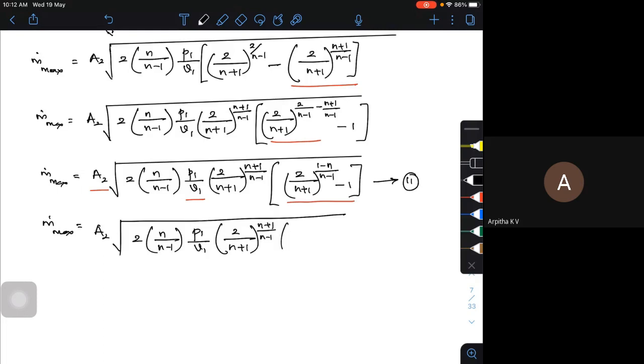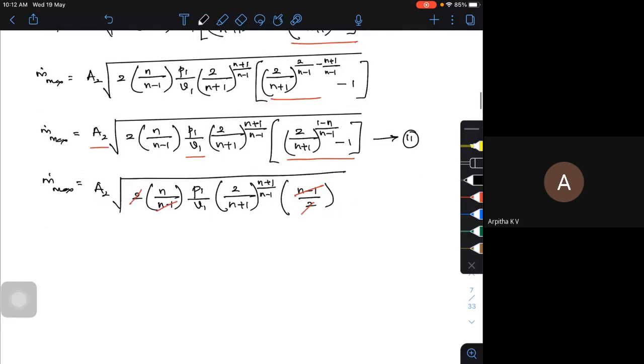So this will be simply n minus 1 by 2. Then this n minus 1 and this 2 simply cancel out, so that your maximum mass flow rate is given by a2 into square root of n into p1 by v1 into 2 by n plus 1 whole to the power of n plus 1 by n minus 1.